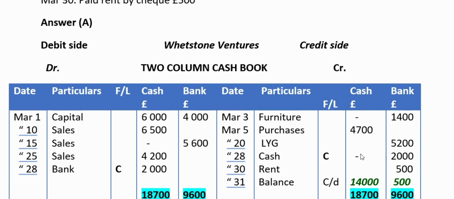So it goes into the bank column, and the letter C is written in the folio column to indicate that this amount is a contra entry. That is to say that this amount will be recorded twice, not only on the credit side but also on the debit side. So look at the debit side: March 28, bank 2,000.